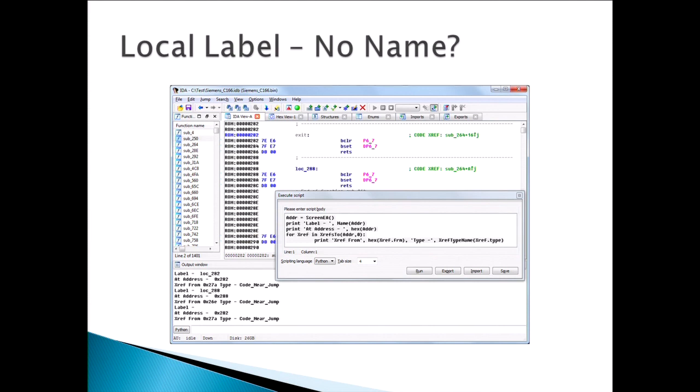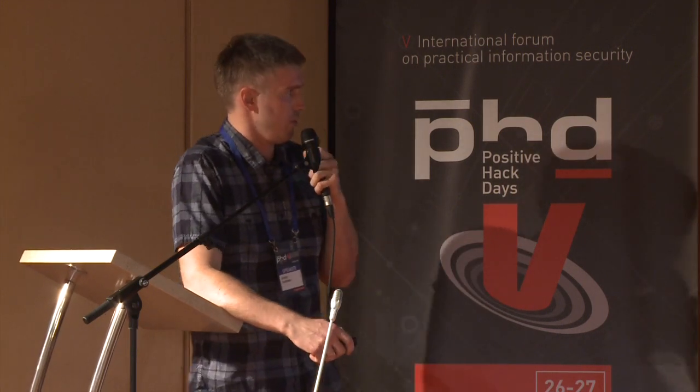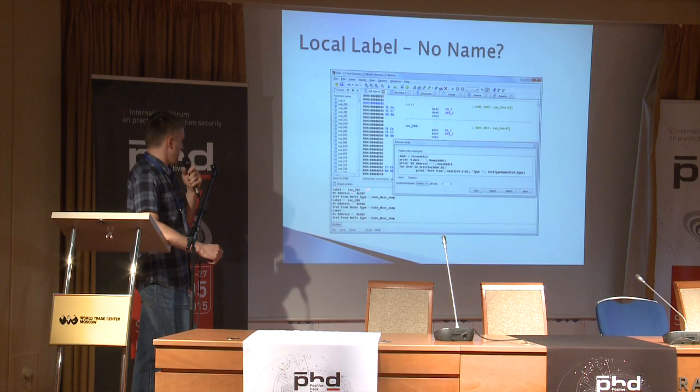Next one. Also we have local variables. Sorry, not local variables, but local labels. And here's a script which prints these local labels, their names. In this one, you can see the situation.